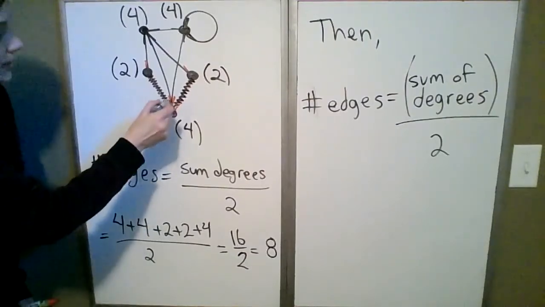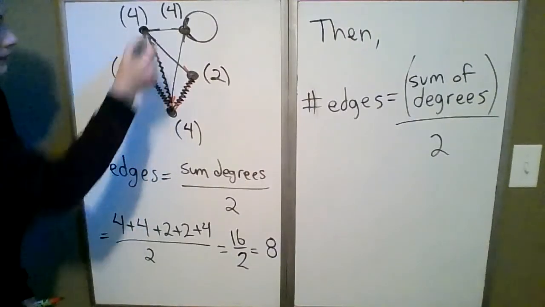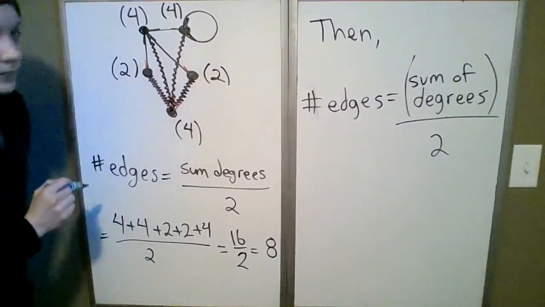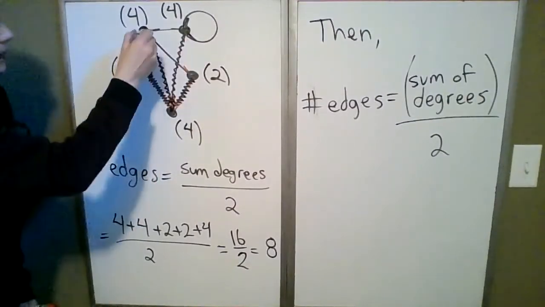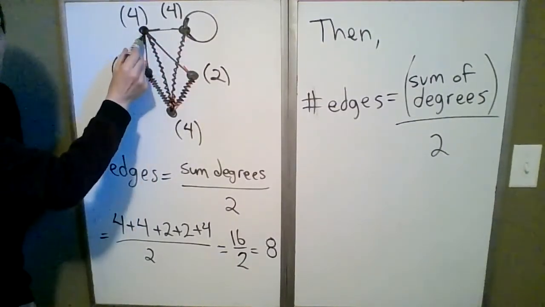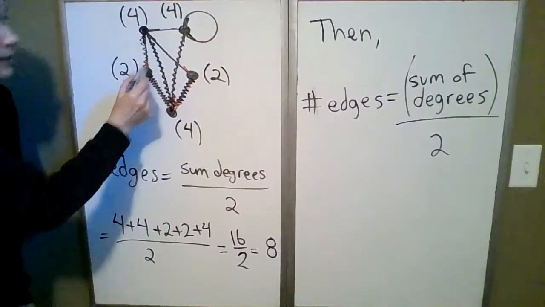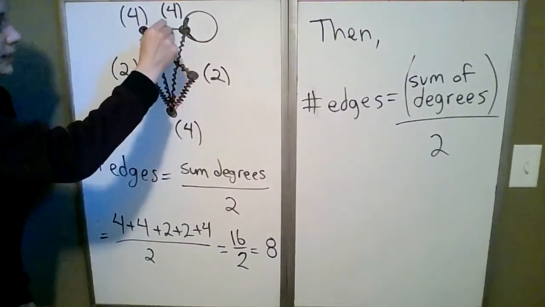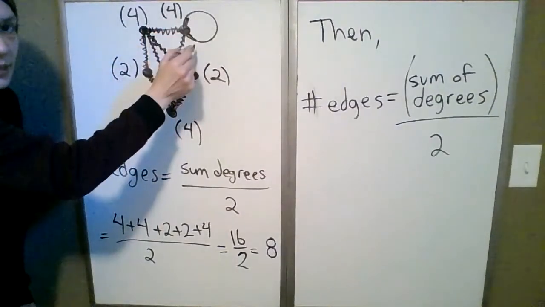And then there's 3. And go over to the side with 5. This would be 6. And then across is 7. And the loop is 8.